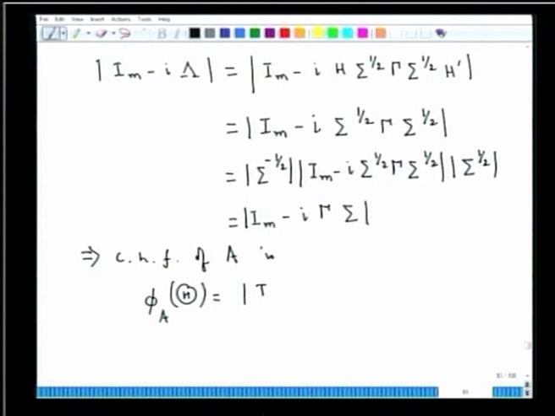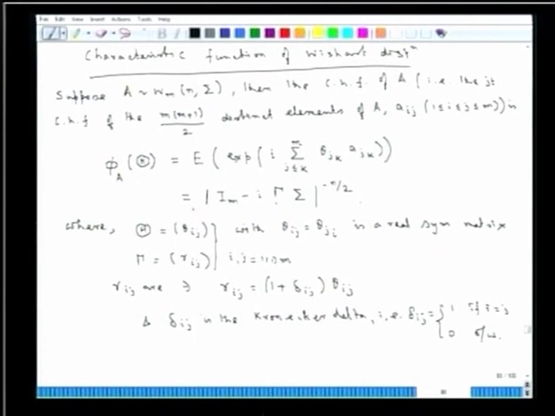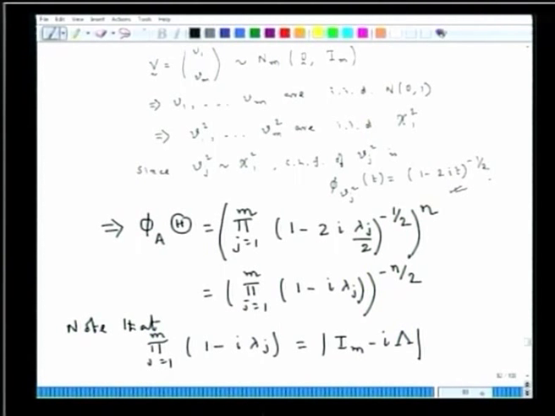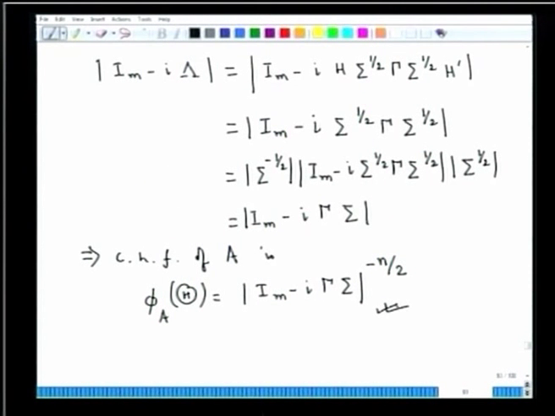So this is the determinant of Im minus I times gamma into sigma, raised to the power minus n by 2. Now if we look back at the statement of this particular result, this is what we were supposed to prove. So phi A of script theta was the determinant of Im minus I times gamma sigma whole raised to the power minus n by 2, and this precisely we have derived in this particular form. So that's the desired form of the characteristic function of the Wishart distribution.